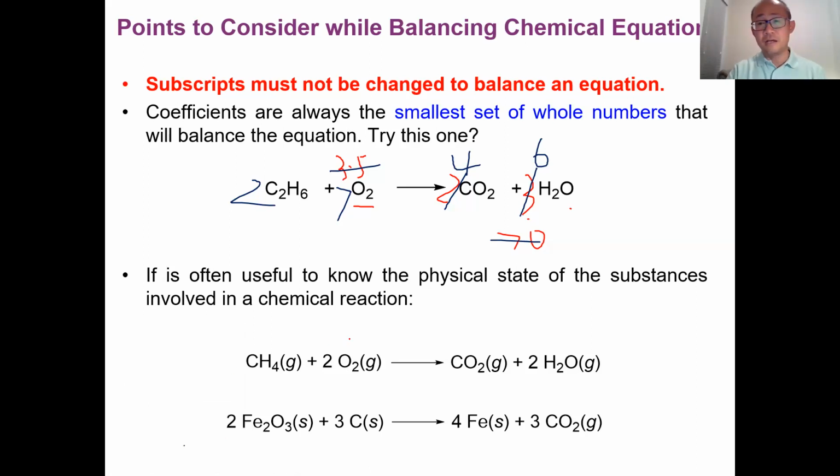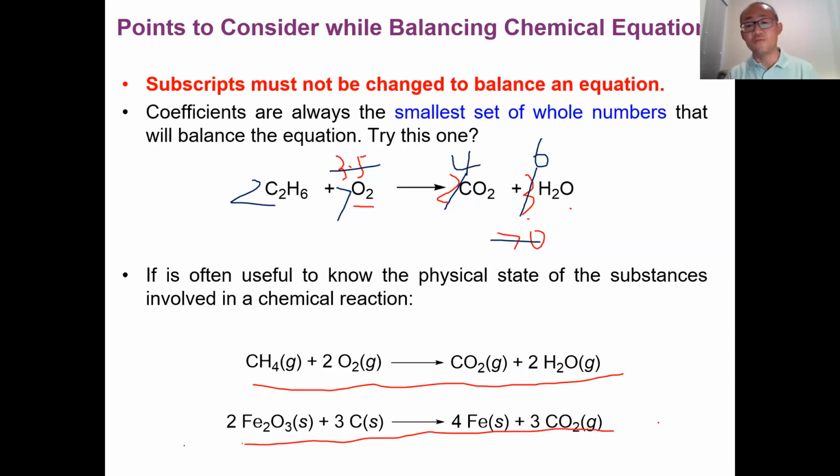Next, small things. After we balance the equation, we also can indicate the physical state of some substances in the chemical equation by using the first letter of the state in parentheses. For example, you can see that in the first equation, the G stands for gas, and here S stands for solid, and G, of course, stands for gas.